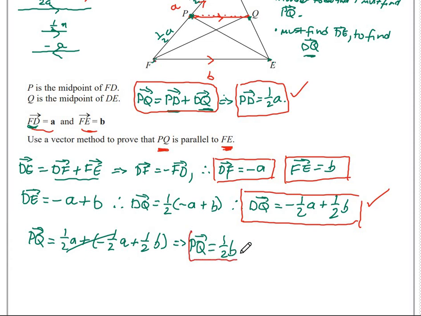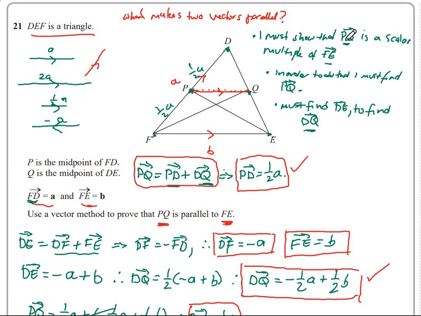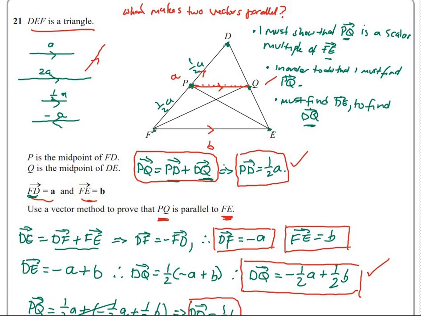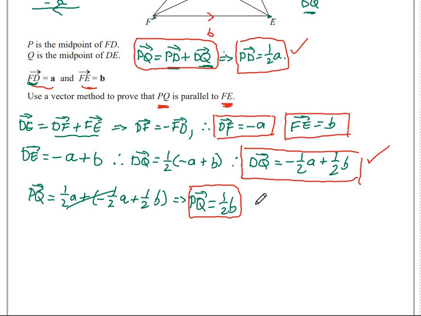Now why did I want to find PQ? Let's go back up here. I must show that PQ is a scalar multiple of FE. In order to do that, I must find PQ. So I found PQ, and now I can show that PQ is a scalar multiple of FE. What does PQ equal? It equals half B, and FE equals B. So I've shown it.